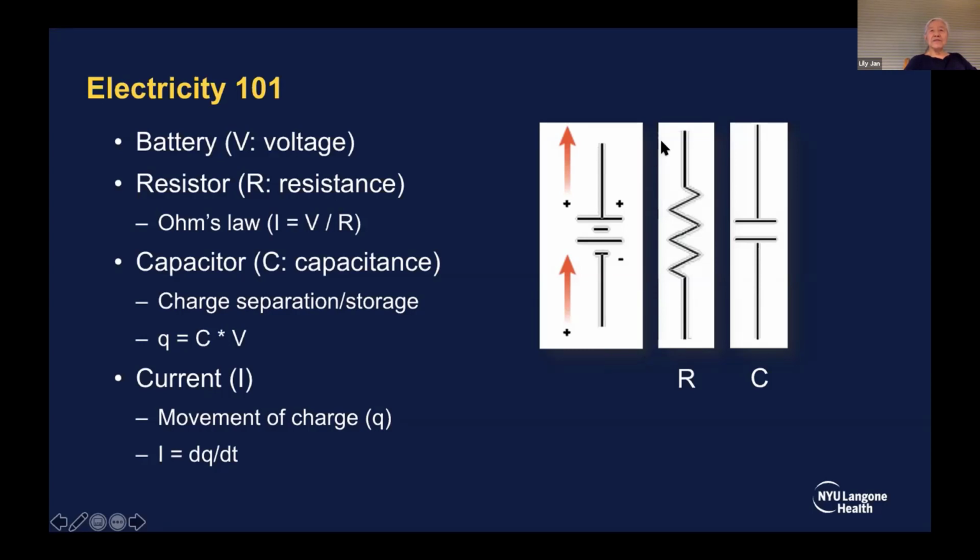So now we have a voltage drop across the resistor, and that will drive charge to move across the resistor. And the larger the resistance of the resistor, the smaller the current that will go across for a given voltage across the resistor. So that's Ohm's law.